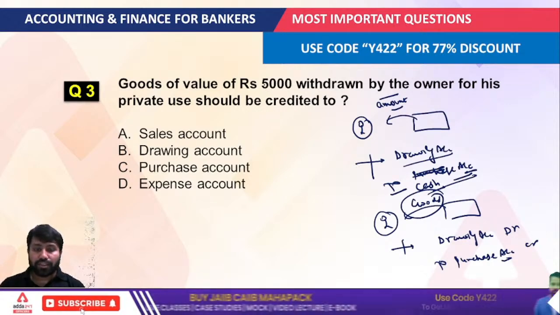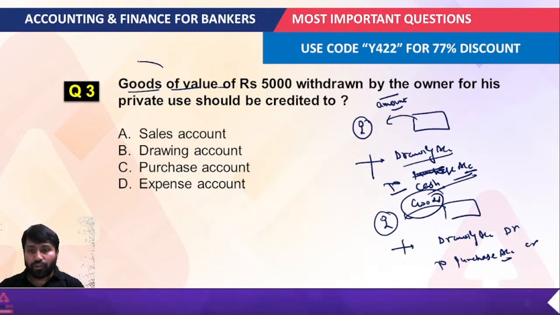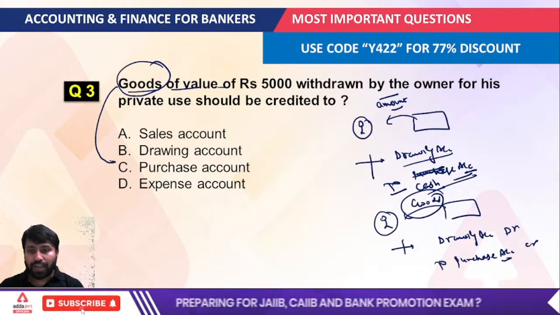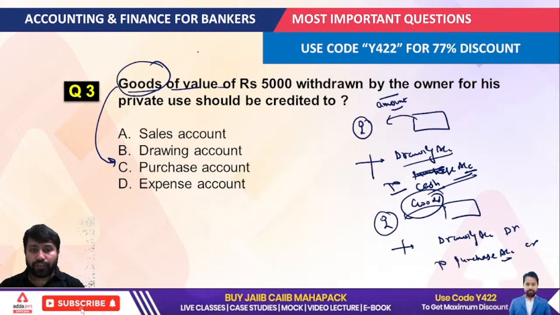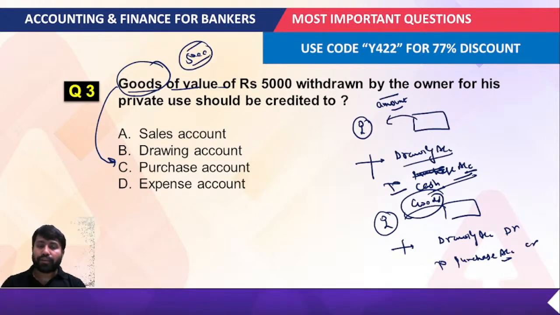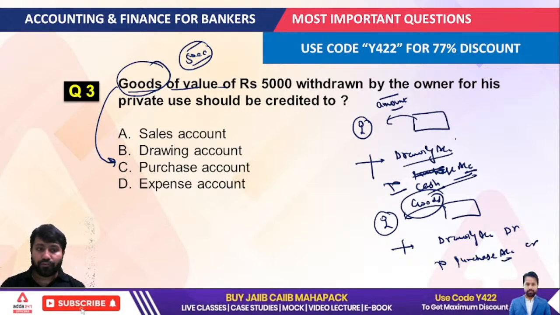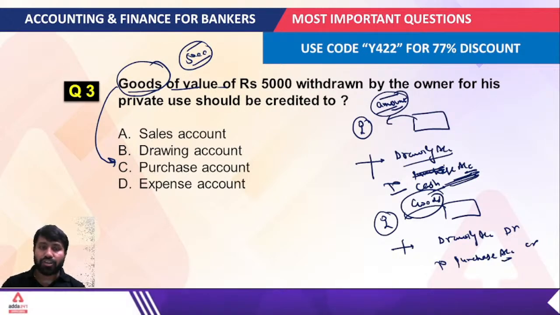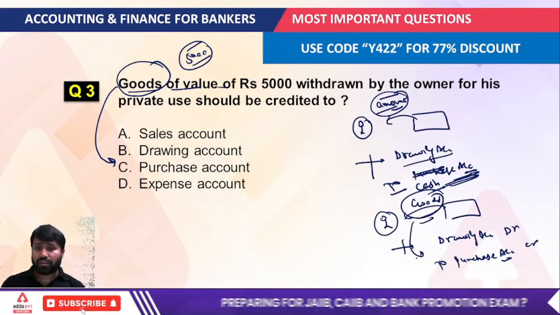So if we are talking about goods, the purchase account would be included. And if it is given as an amount of 5,000 withdrawn by the owner for personal use, then we are talking about the cash account. I think it is clear for everyone. Whenever we talk about an amount, it is for cash, and whenever we talk about goods, it is about the purchase account.